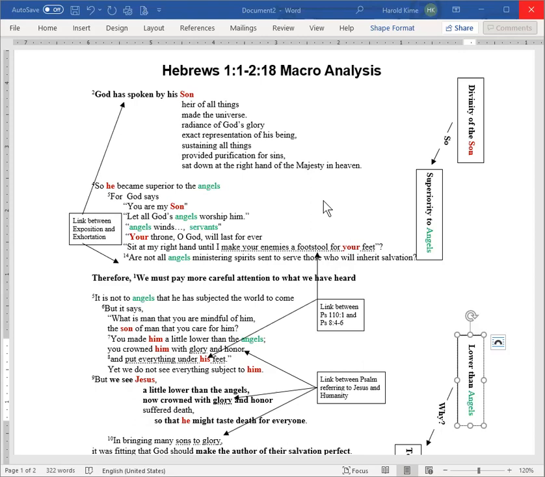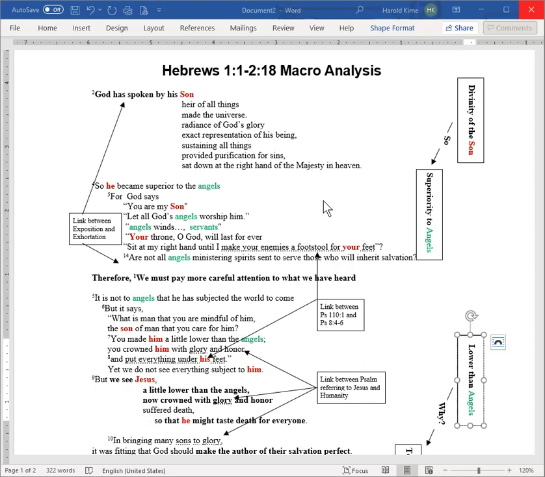And you recall that when you did your analysis of the base units, you were also asked to write a summary sentence of what that base unit was all about. In this macro layout, those summary sentences are reduced to breakout boxes with just topical ideas. So we have the divinity of the Son, the superiority to angels, lower than angels, and so forth.